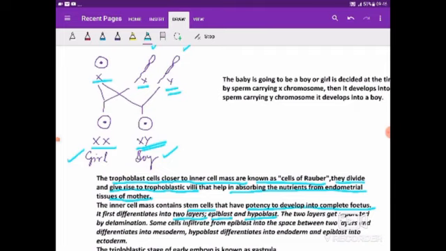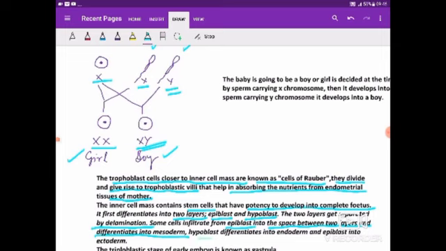These two layers then get separated, that is called delamination, and some cells from the epiblast layer infiltrate by invagination or ingression processes, and come into the space between the two layers, and that gets differentiated into the mesoderm.